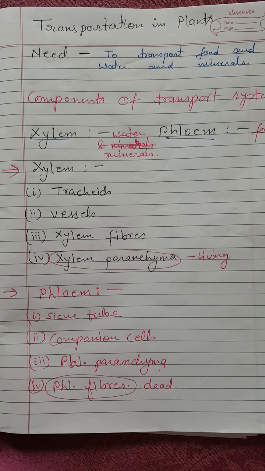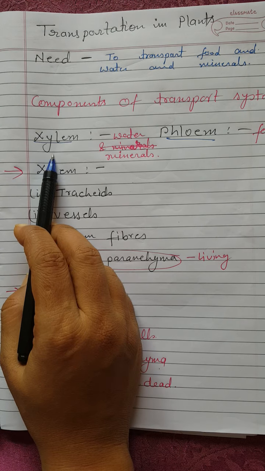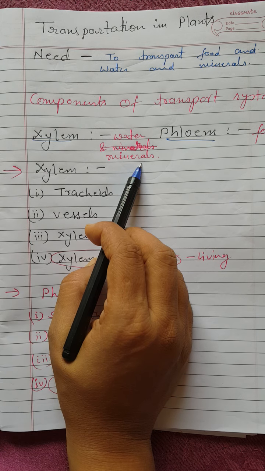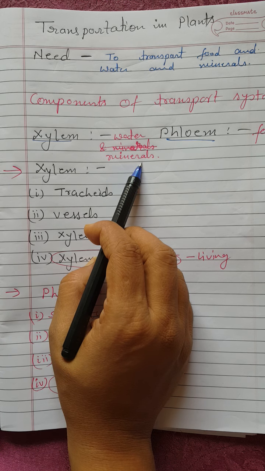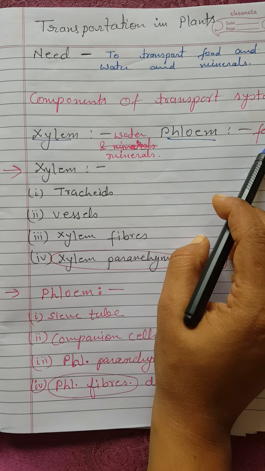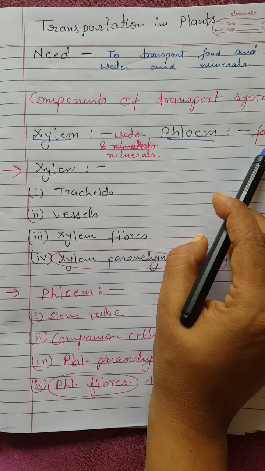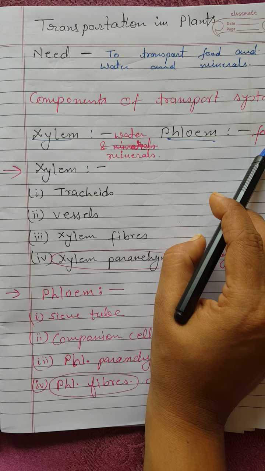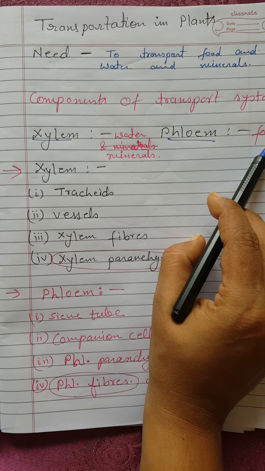As I said, xylem transports water and minerals from the soil to every part of the plant, to the top stem, flower, bud and leaves, and phloem transports food synthesized in the leaves to every part of the plant, like roots, stem, etc.